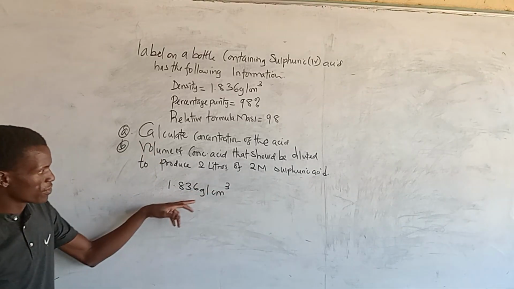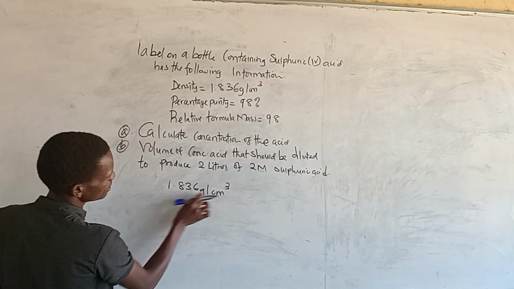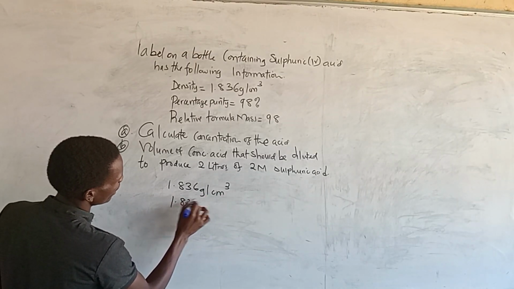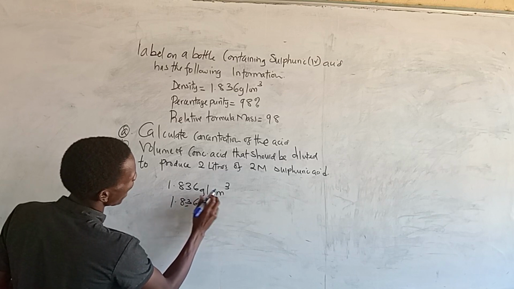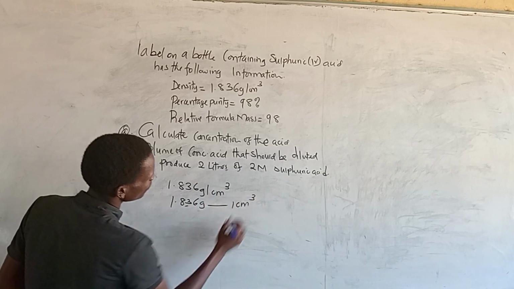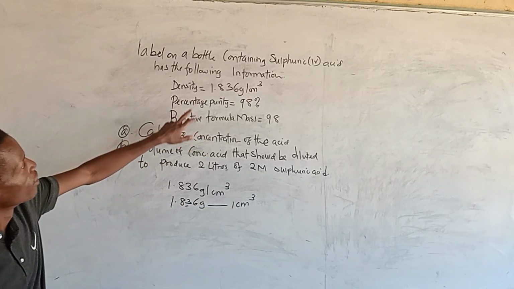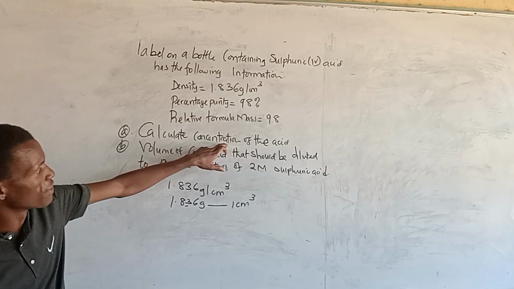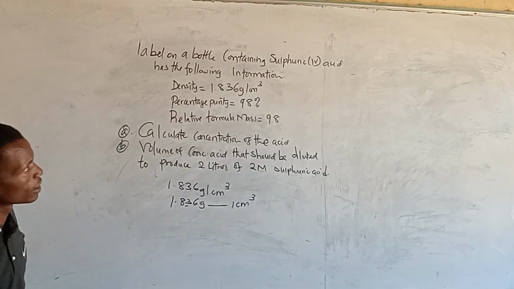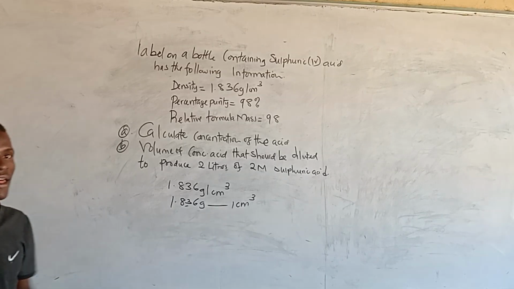Now, this grams per centimeter cubed means 1.836 grams per 1 centimeter cubed. When we are talking of the concentration of the acid, we want to give it in terms of molarity, which is per 1,000.